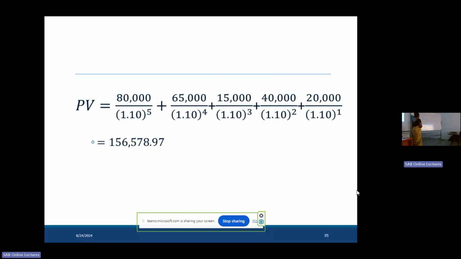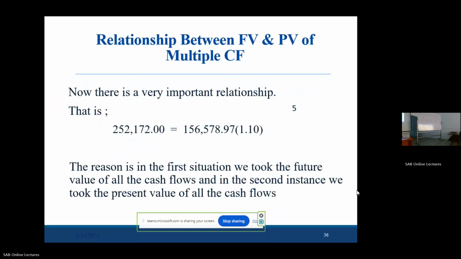Either you use the present value or the future value, the answer will be the same. Check both ways, whether you are getting the same answer using the present as well as the future value.